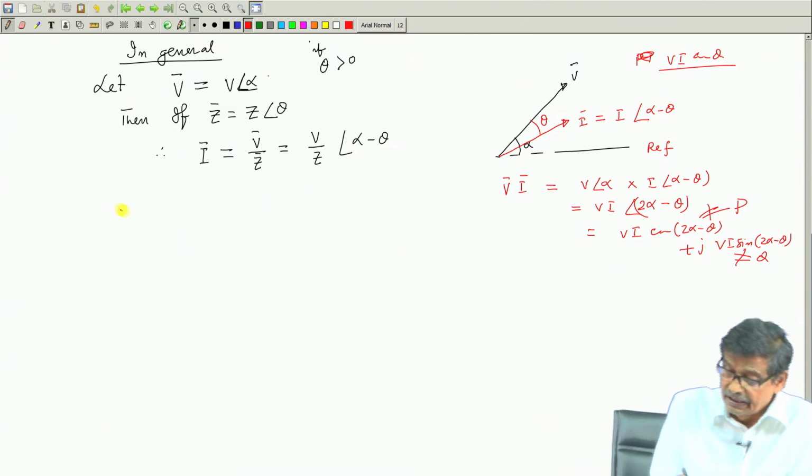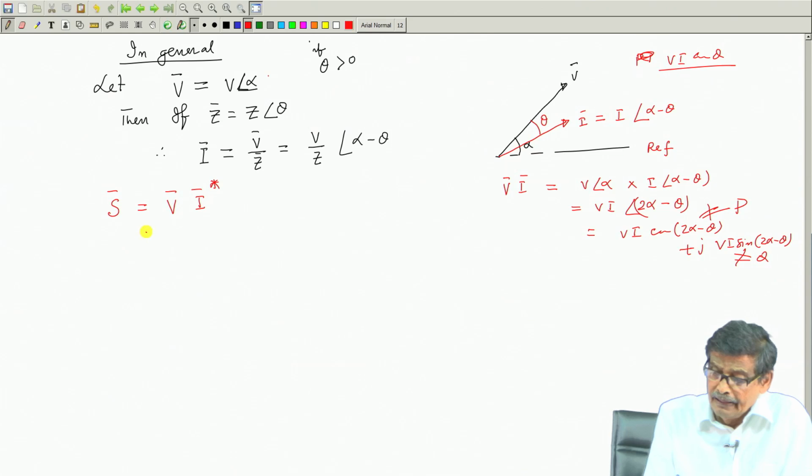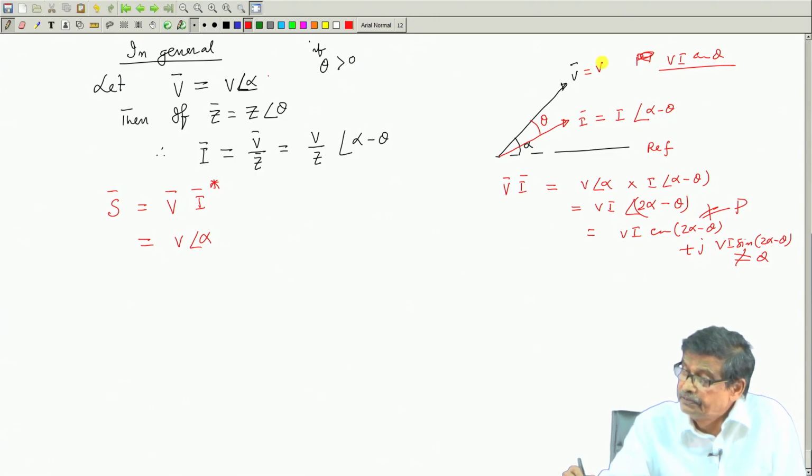But you see, if this is what I do, then I calculate S, the complex power, as V bar into I bar star. I say that this phasor is V angle alpha, this is my reference line.